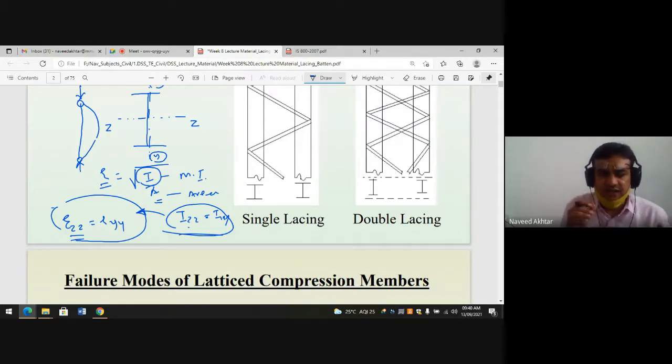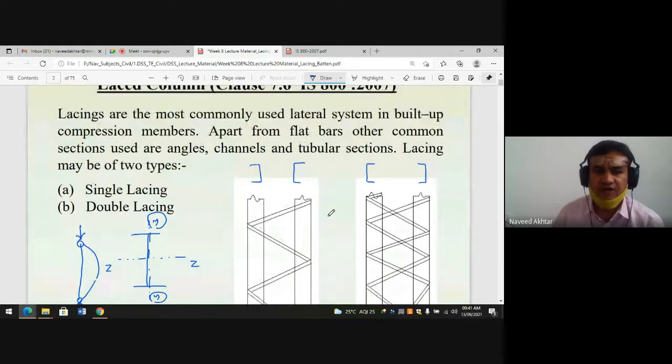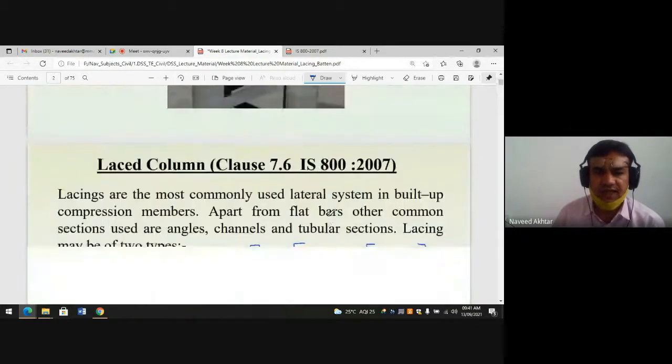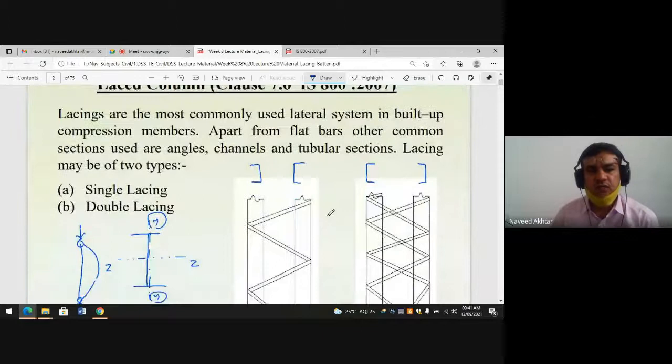The slenderness ratio in both directions, or both axes, will be the same, so the stability of the member increases and the load carrying capacity increases. It will not fail in buckling about the minor axis. Okay, so that is what we are doing.